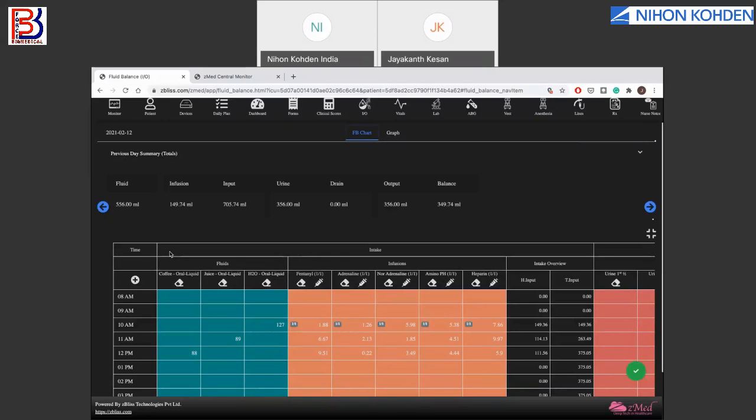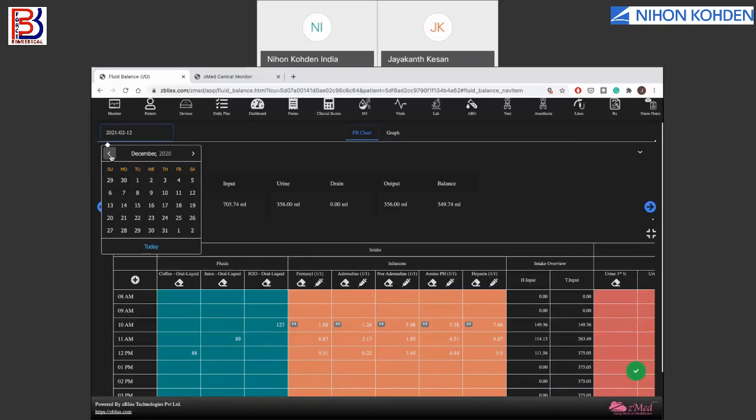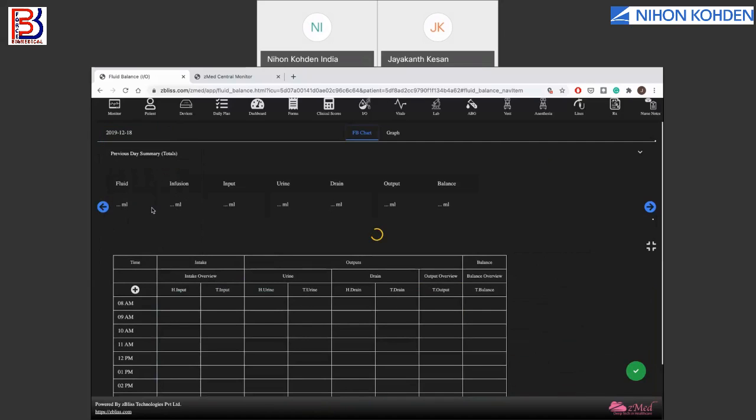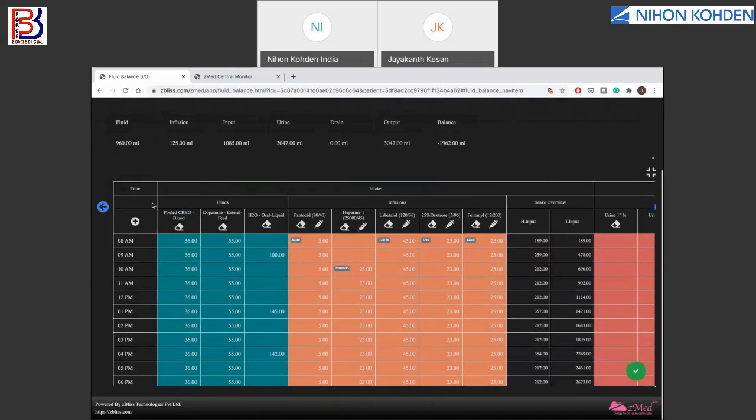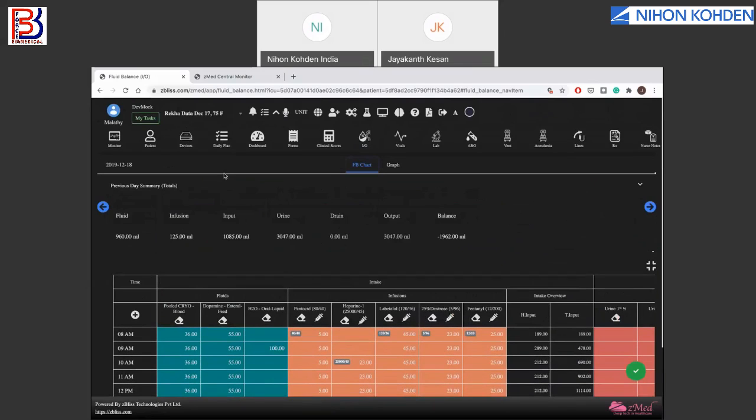So instead of manually entering the flow rate and manually monitoring the volume that is being infused, we can digitally connect to these syringe pumps and then automatically get the flow rate and volume. And once you are able to do that, you have a complete record of the fluid balance, or what all fluid went into the patient and what came out of the patient.